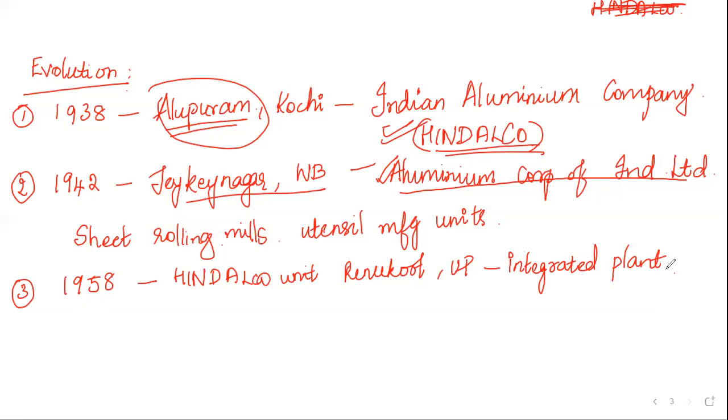Point number three is they will engage in fabrication of the output aluminium, either into sheets or some other utensils, into products which are useful for the industry. So the fabrication units will also be a part of this, and therefore we call this an integrated plant.